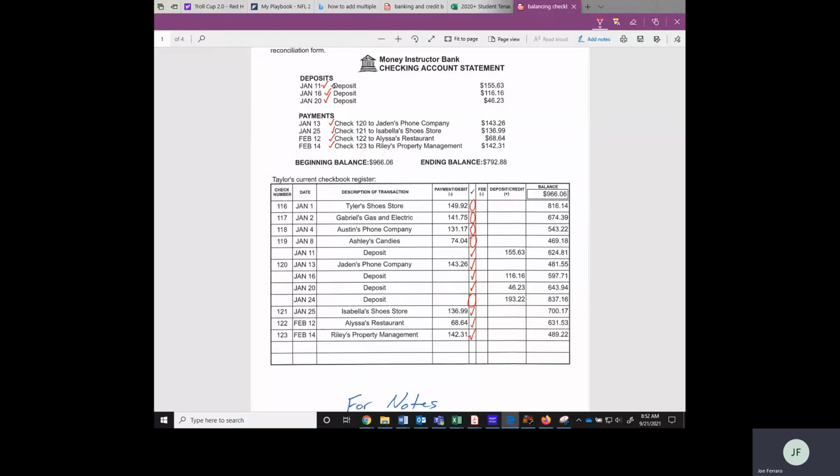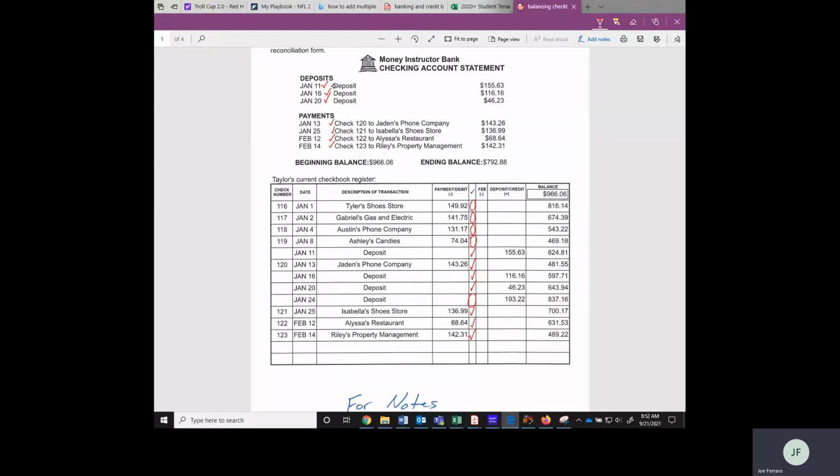Or like an example from the book, if there was a service charge up here that wasn't in here, you would go in, and any of those I just talked about would be subtraction. So an ATM, a debit card, a service charge. If they show up on your bank statement and you haven't remembered to put them on here, you do that and take it into account.